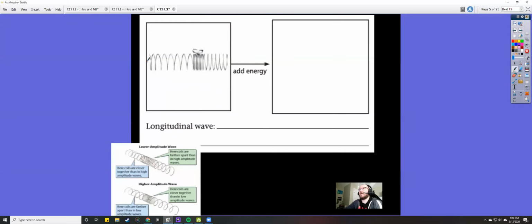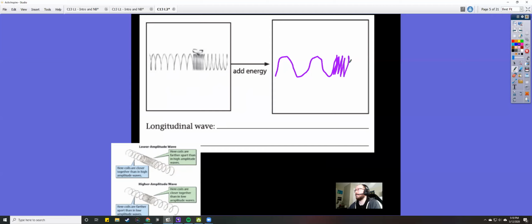If you add energy to a longitudinal wave, if you recall, this part here, where there are spaces between the wave, is called a rarefaction. And the part where the wave is stuck together, that's called a compression. So if you add energy to your longitudinal wave, what happens is that you get more spread out rarefactions and more tightly packed compressions.